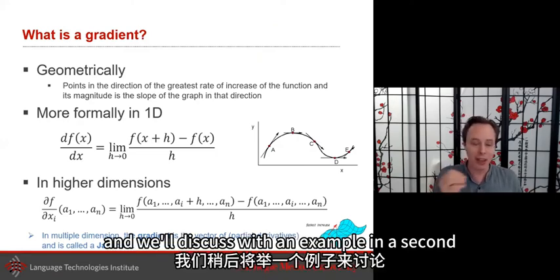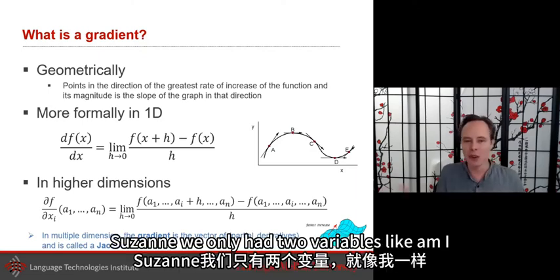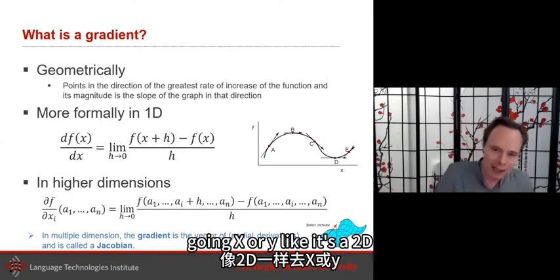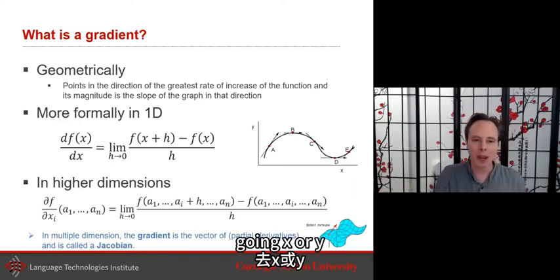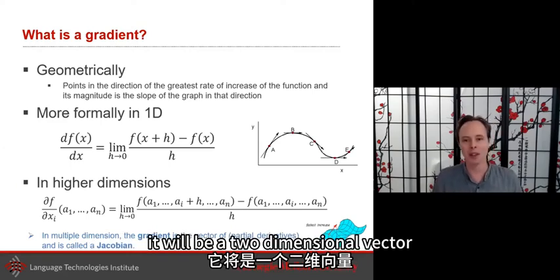We'll discuss with an example in a second. In the Switzerland case, we only had two variables, like am I going X or Y. You could see it as a 2D action space, going X or Y. And so the gradient will also be a two-dimensional vector.